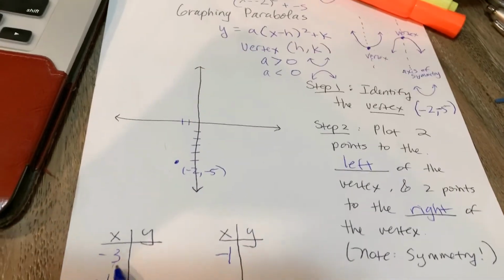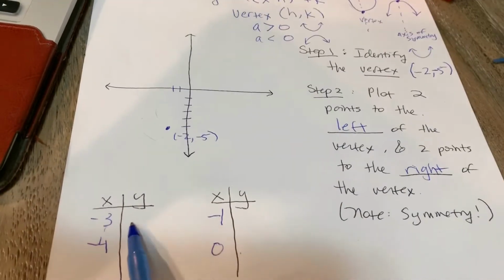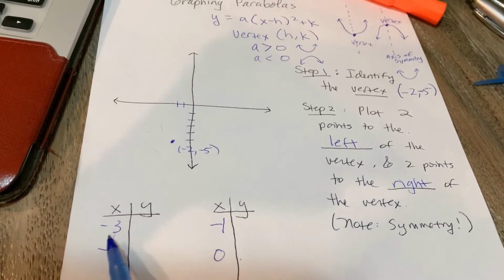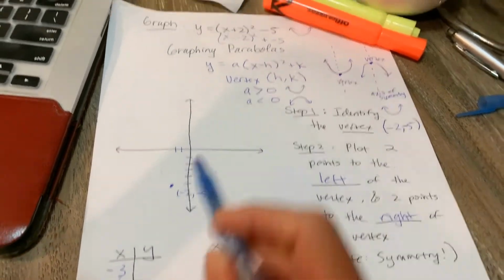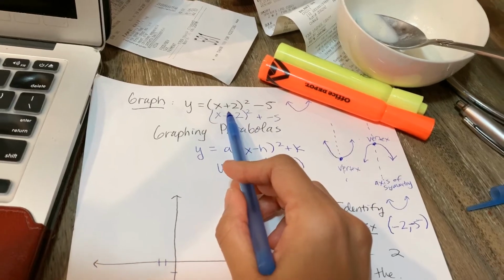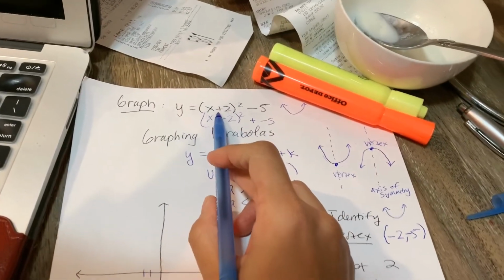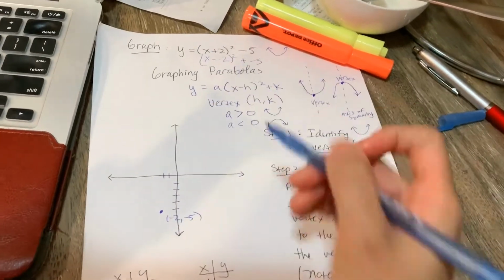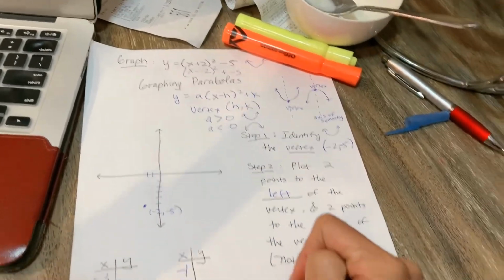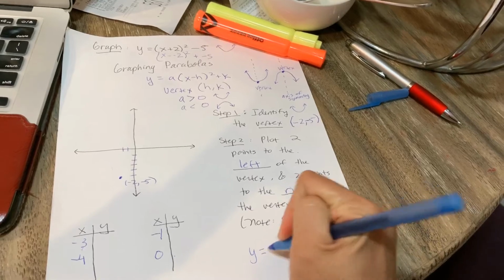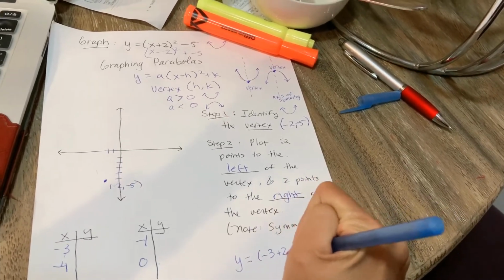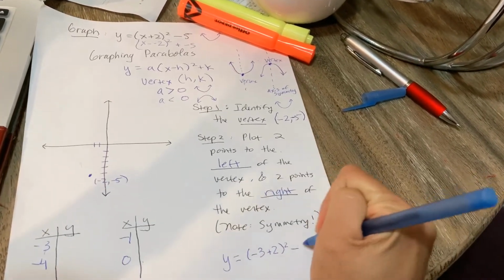So I just picked 2 points to the left of the vertex and 2 points to the right of the vertex. When I look at -3, I want to find out what the y value is. All I do is plug the -3 into the original equation. So let's plug -3 in here. I get y is equal to (-3 + 2) squared minus 5.